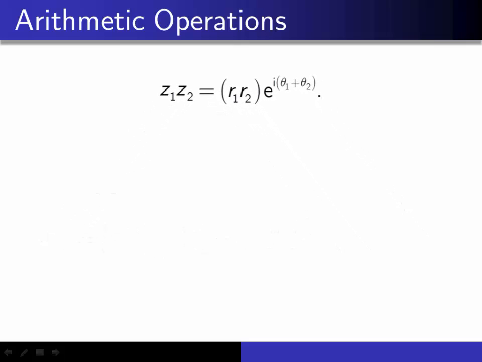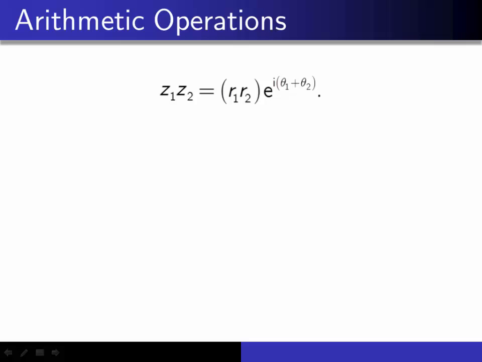So let's focus on this now. What can you now tell me about the modulus of Z1 times Z2? The modulus of Z1 times Z2 is R1 times R2. Right, but what was R1? R1 was the modulus of Z1.